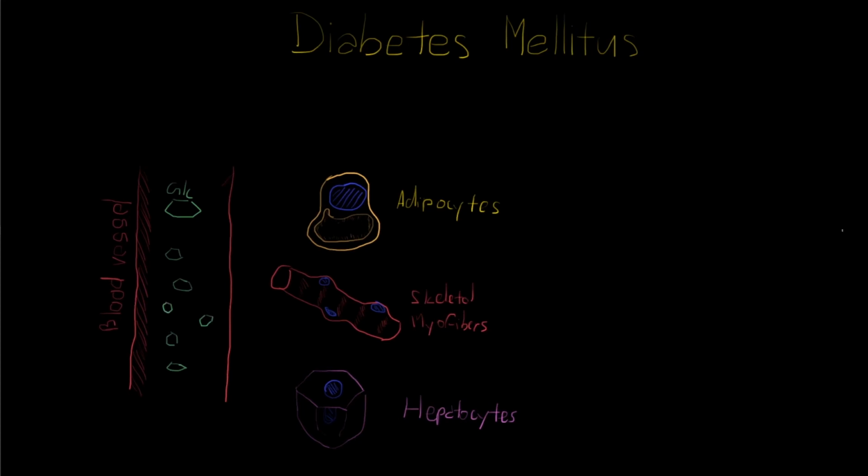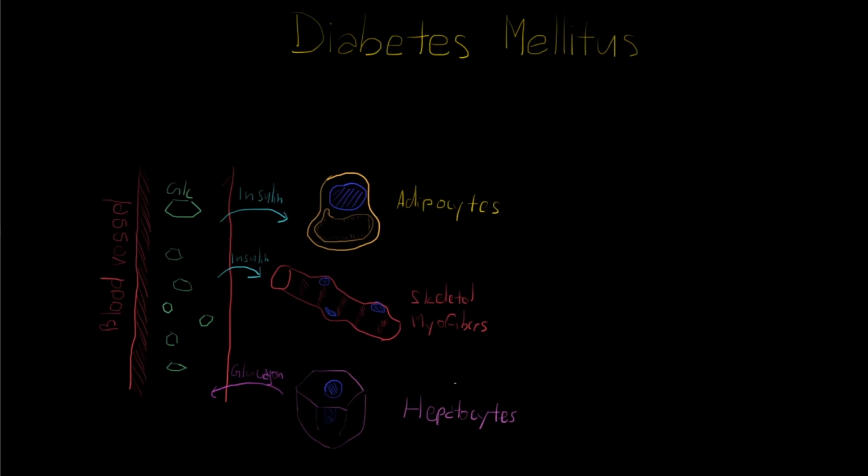Okay, and so how the transport of glucose into and from the blood looks like. So you have insulin, and insulin is a hormone that would take the blood glucose and deposit it inside the adipocytes or skeletal muscle. While glucagon would be the hormone that would take glucose that's found in hepatocytes, for example, in the form of glycogen, and put it back into the blood.